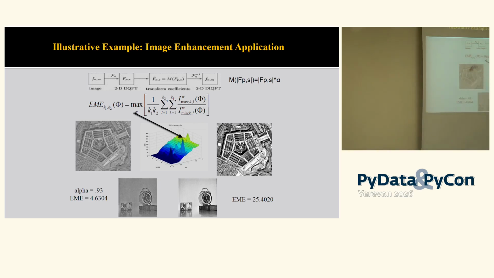Now, I'm coming back to this problem, the choosing problem. Let's say we have an image, and then we are taking the Fourier transform. This is the Fourier transform. And then we are taking a coefficient, alpha, and then doing the inverse Fourier transform. This is the Fourier coefficient multiplying this and taking alpha. This is one parameter.